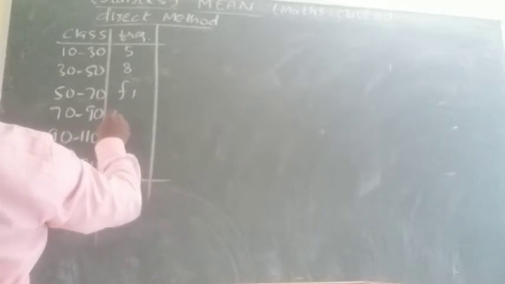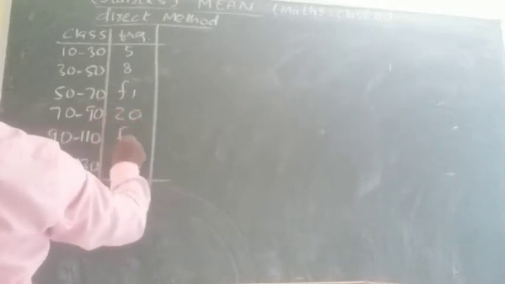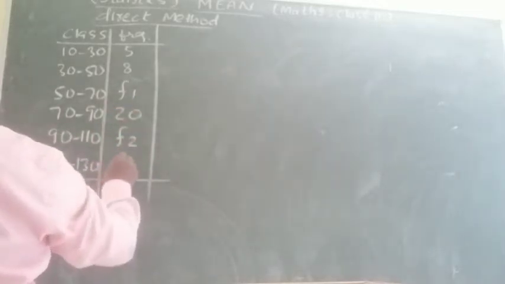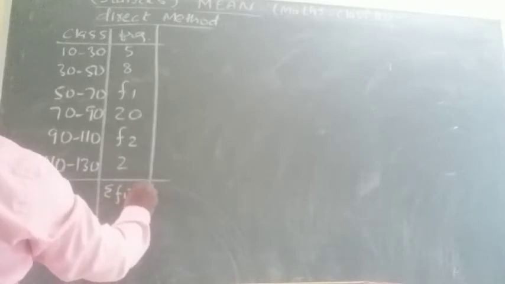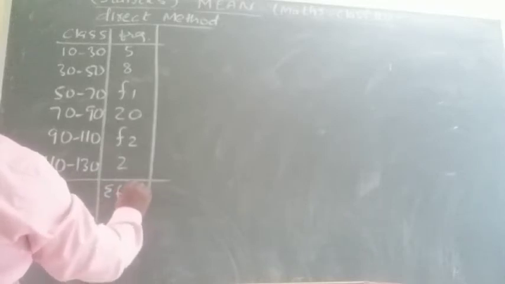The frequencies are 5, 8, F1, 20, F2, and 2, and the total sum of frequencies, sigma fi, is equal to 50.